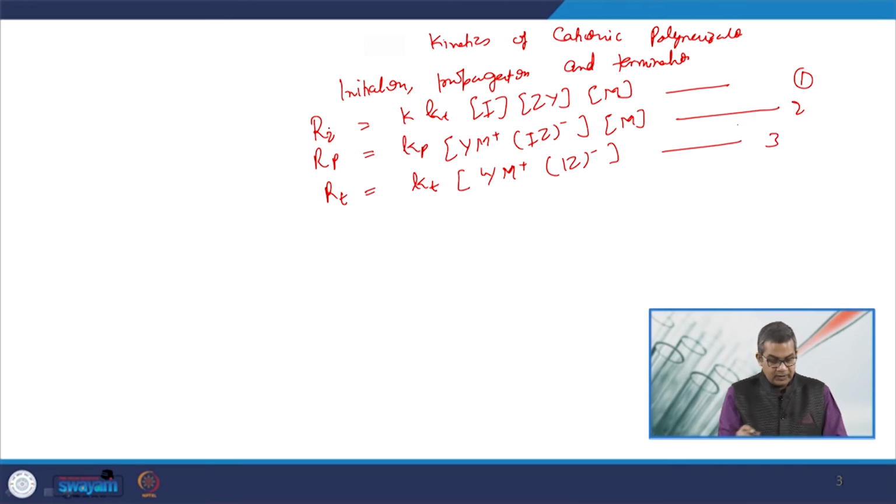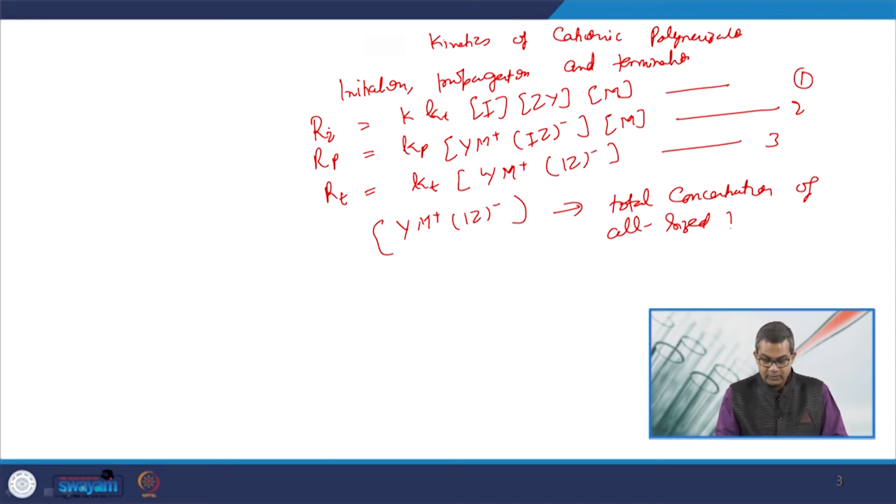This may be referred to as equation number 3. Here, [HM^+ I^-] is the total concentration of all sizes of propagating centers.